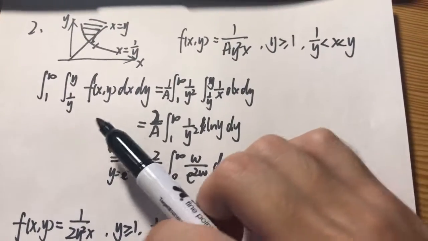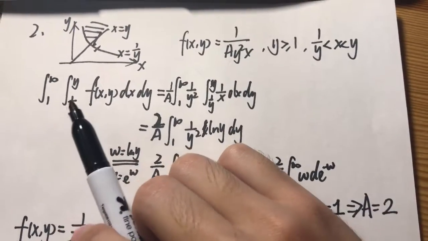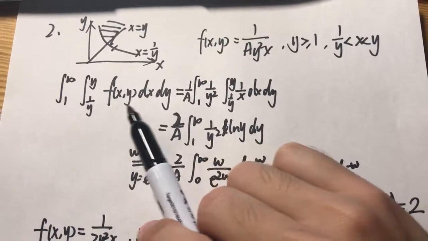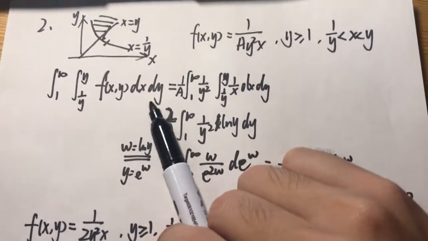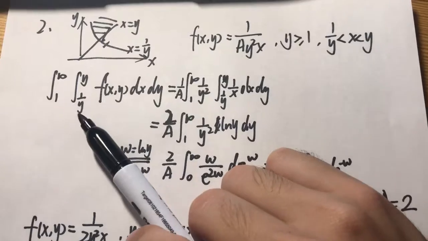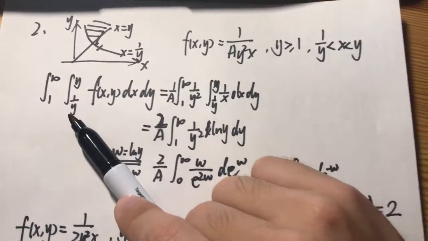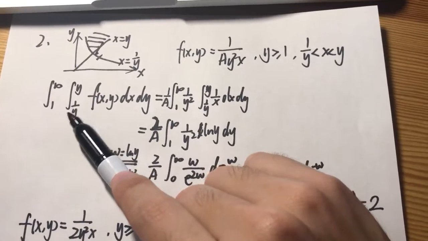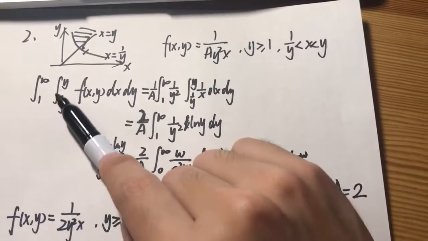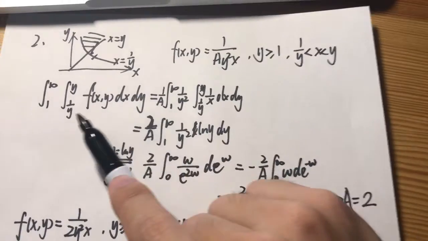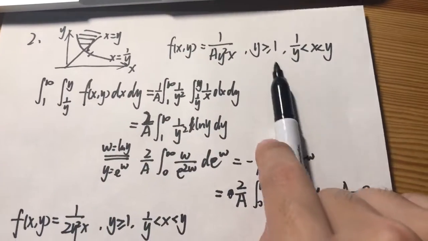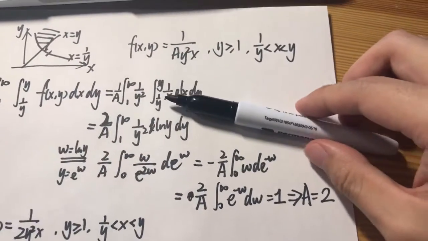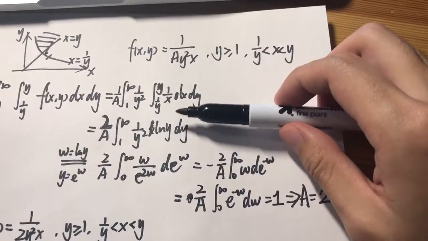So we can do the double integral, the integral of x and the integral of y, with x from 1 over y to y, and y from 1 to infinity.